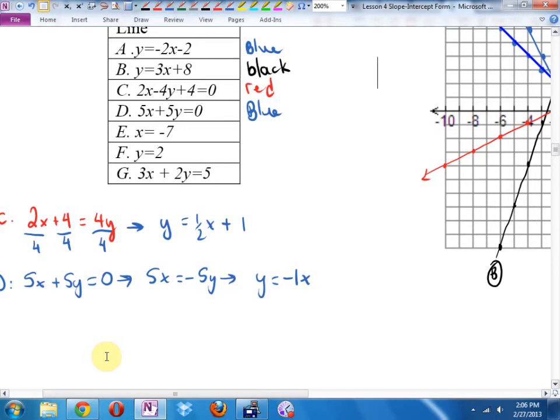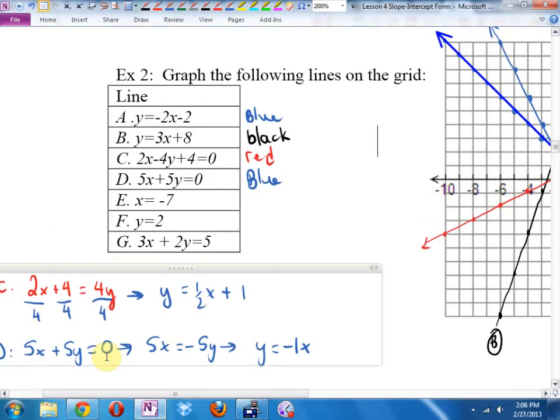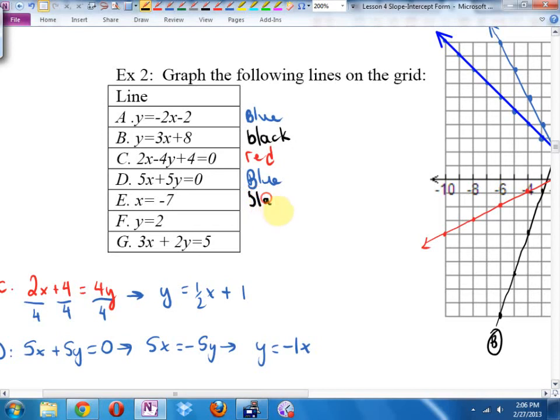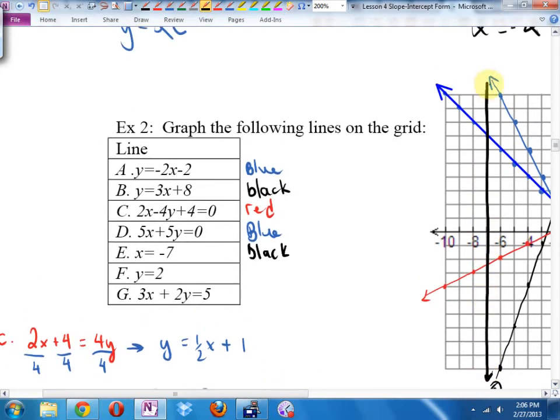Okay, so that's going to go... I'll do it in black. It's going to go like this. Really thick, Mr. Duick. That is line E.